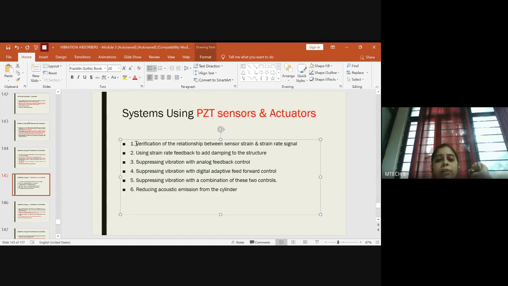First, he evaluated and verified the relationship between the sensor strain and the strain rate signal, because we simply say that strain rate sensors are used to measure the strain, but at what rate will you get the strain rate? What is the minimum and the maximum strain rate, and what relationship do you get between the sensor strain and the strain rate signal?